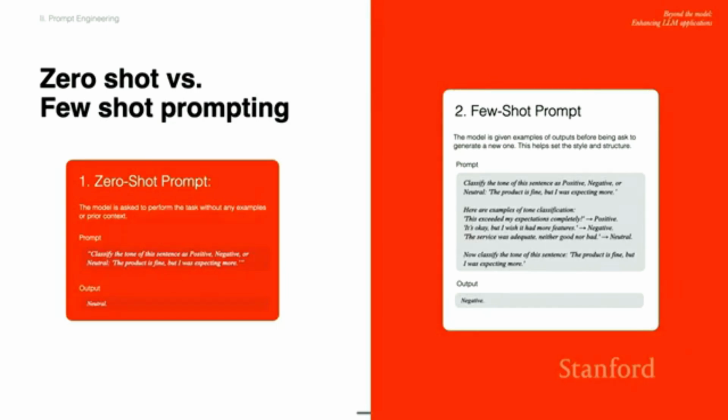Now classify the tone of this sentence, after you've heard about these things, and the model then says negative. And the reason it says negative, of course, is likely because of the second example, "it's okay, but I wish it had more features," which we told the model was negative. Because the model saw that, it's aligned now with your expectations.